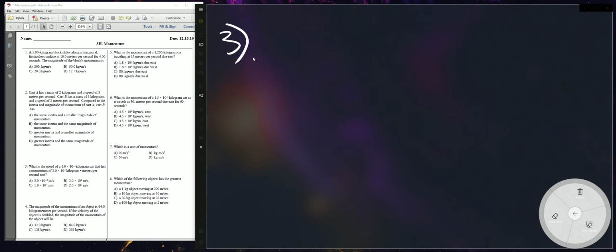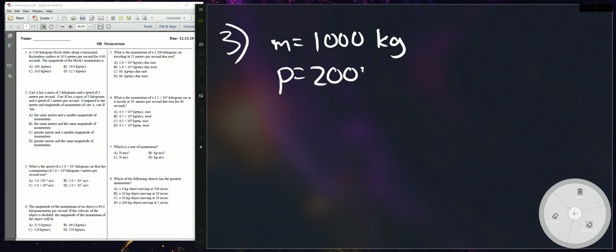What is the speed of a 1,000 kg car with a momentum of 20,000 kg·m/s? They want you to find out what v is.